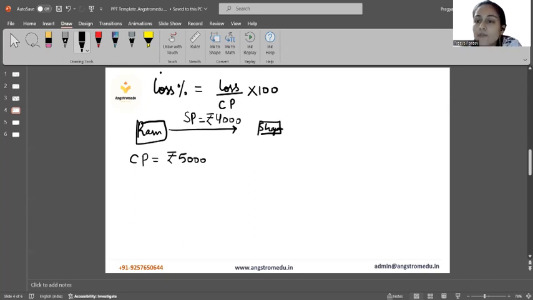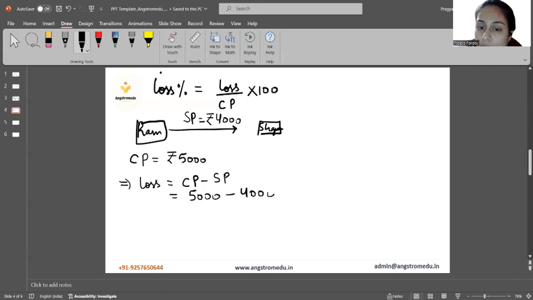First of all, we have to find out the loss percentage. We are supposed to find out the loss first, right? Which we don't know right now. But we know the formula to calculate loss. The formula is cost price minus selling price, which is 5,000 minus 4,000.